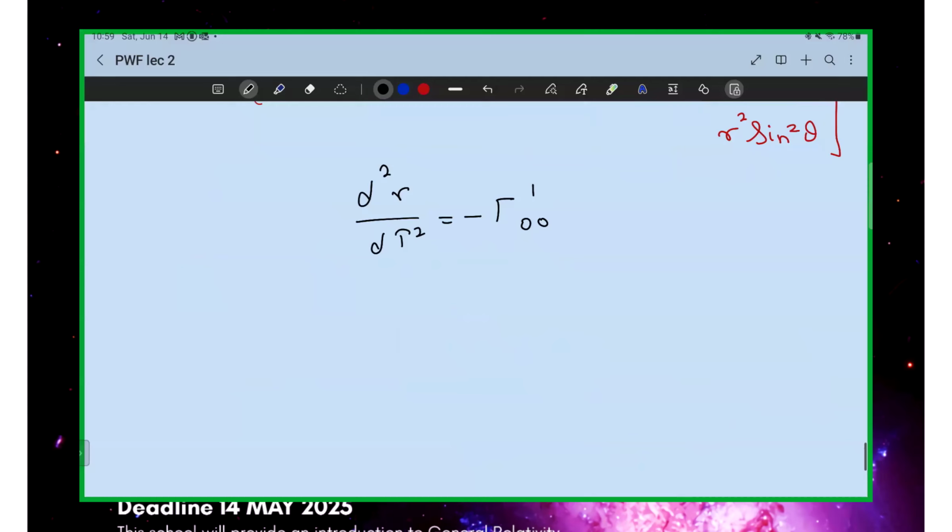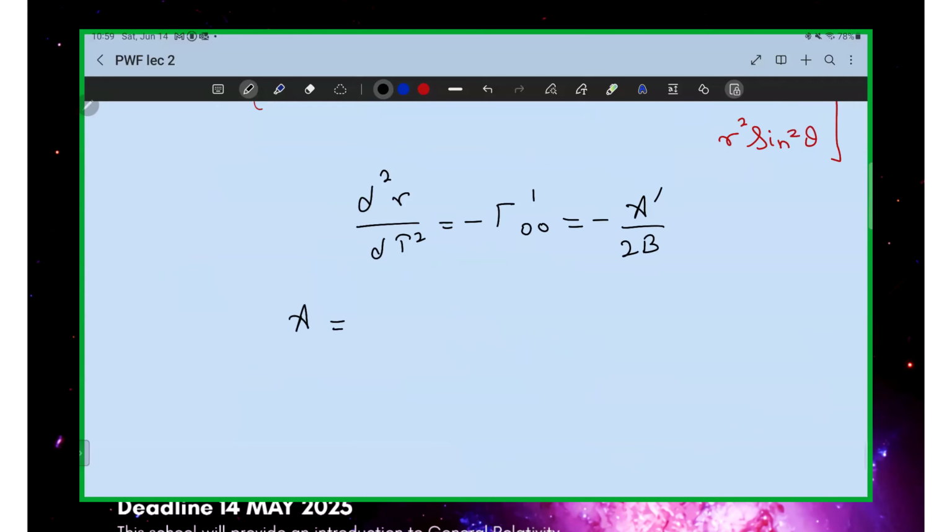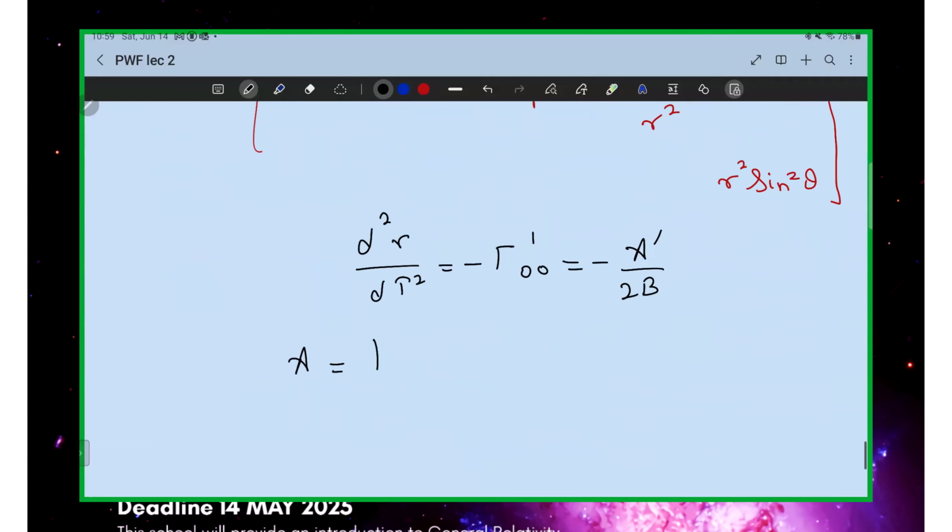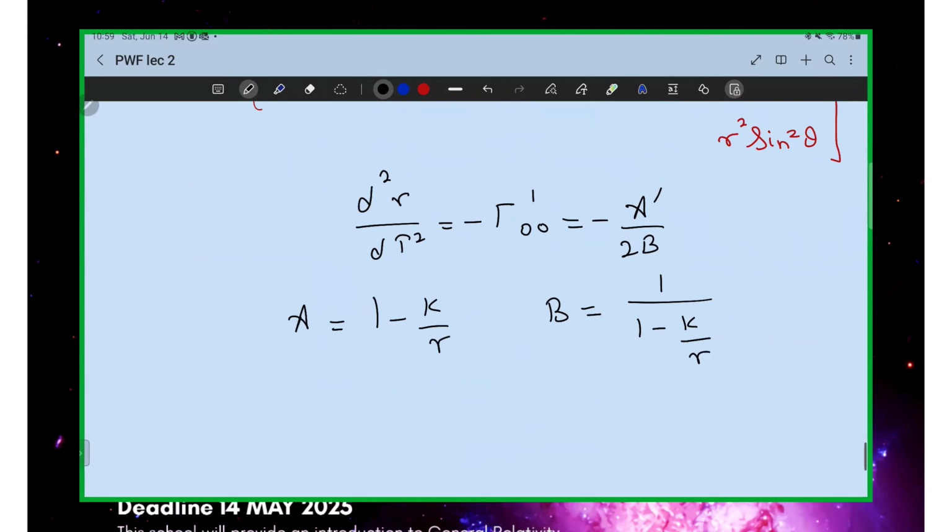So this is minus A prime over 2B. Now what is A prime? We do know that A is 1 minus k over r. And B is 1 over 1 minus k over r. So A prime is k over r squared, right?